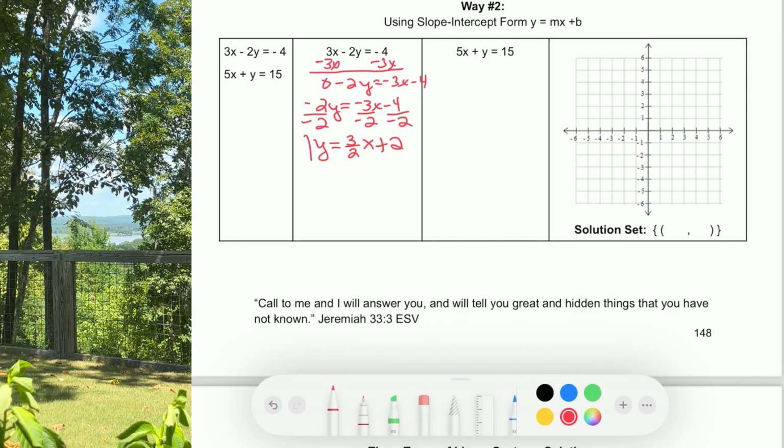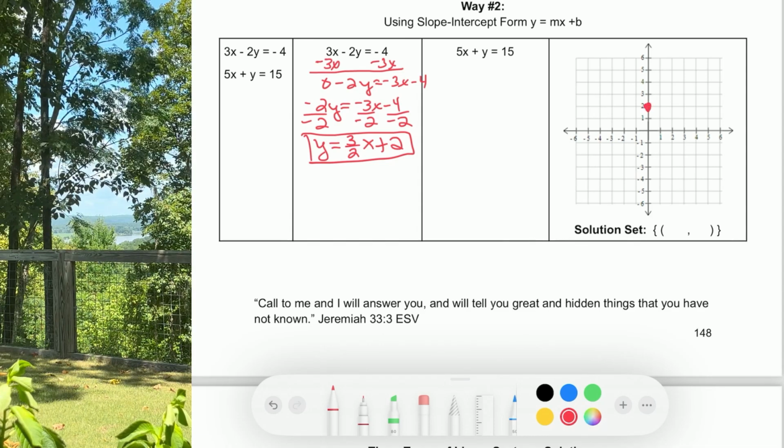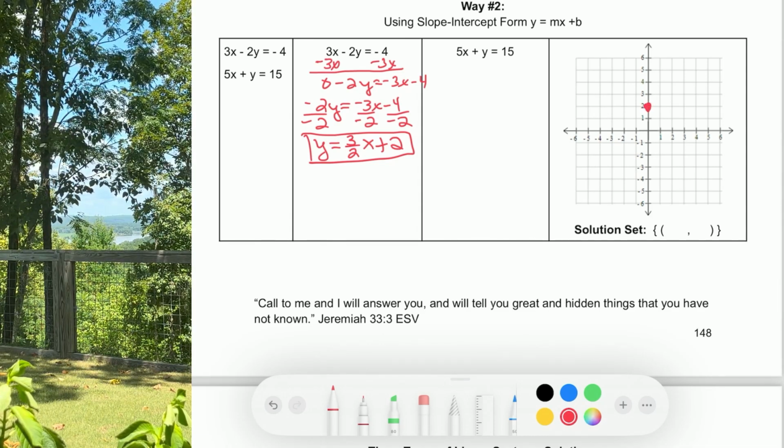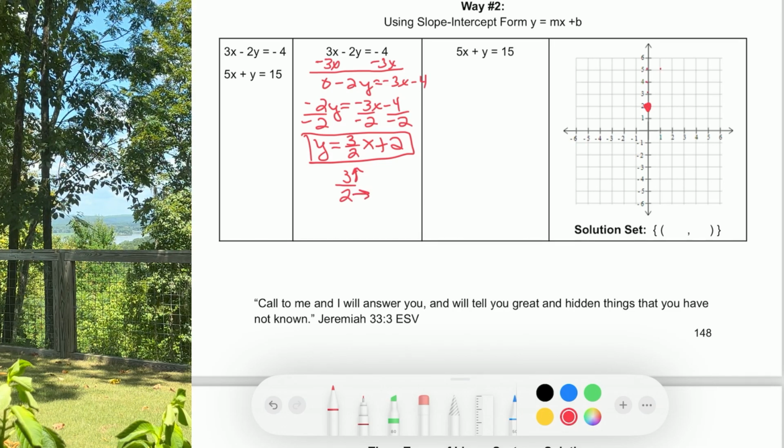And I'm going to use this to graph my line. So my starting point is 2 on my y-axis. To find my second coordinate, I'm going to go up 3 because my slope is the 3/2. So I go up and then to the right. So 1, 2, 3, and then to the right 2. 1, 2. So this is my second coordinate.